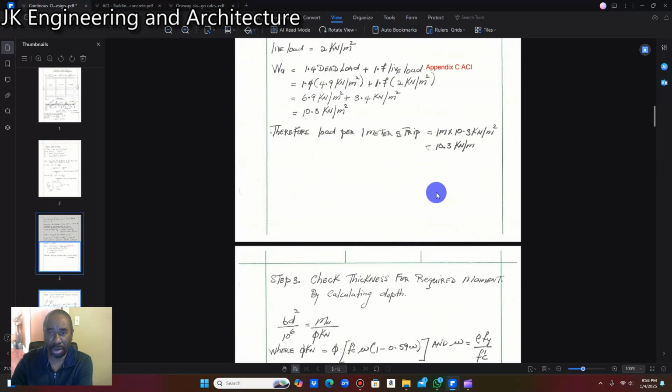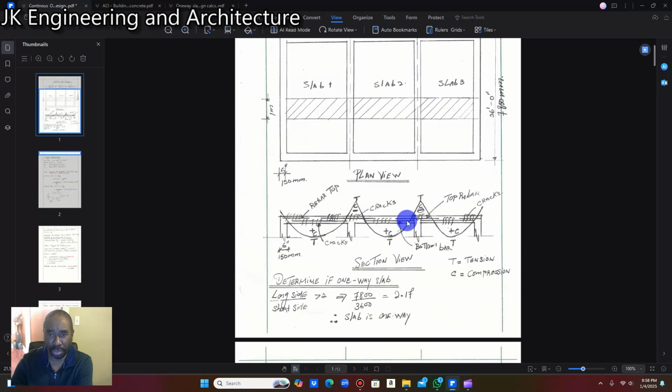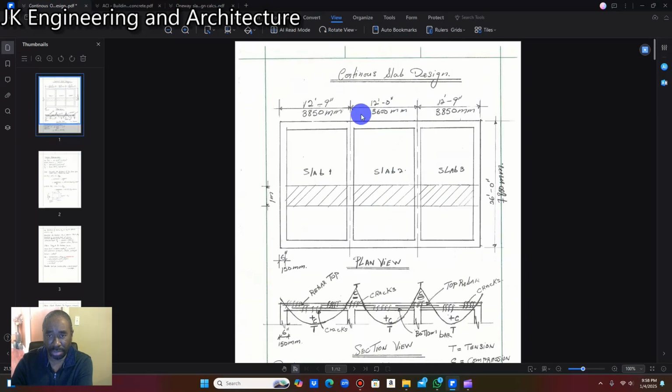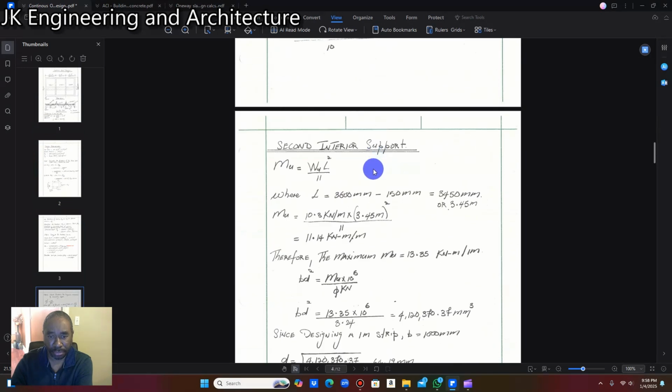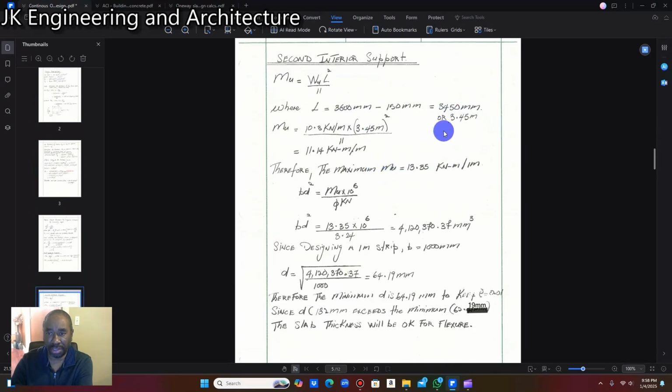For our second support here, the distance is going to be 3,600 minus 75 minus 75, so that's minus 150 millimeter, and that's how we get our length to be 3.45 meters. So the moment is going to be 10.3 kilonewtons per meter times 3.45 meter square divided by 11, and the moment works out now to be 11.14 kilonewton meter per meter, right?